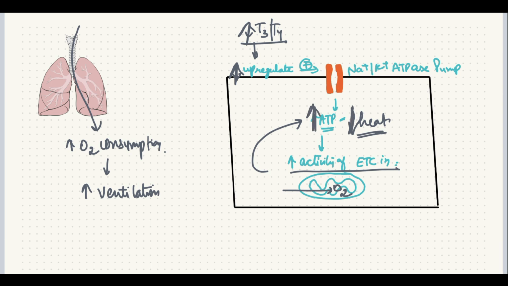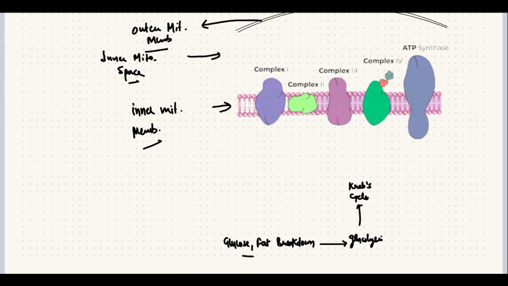With the increased activity of the electron transport chain stimulated by the thyroid hormones, there is an increased chance of uncoupling of oxidative phosphorylation. What does uncoupling of oxidative phosphorylation mean? Glucose and fat break down by glycolysis and the Krebs cycle, and ultimately the electrons from the Krebs cycle flow through the electron transport chain.